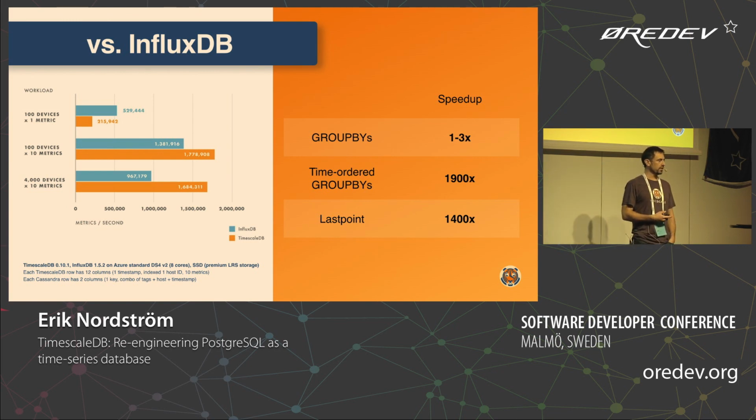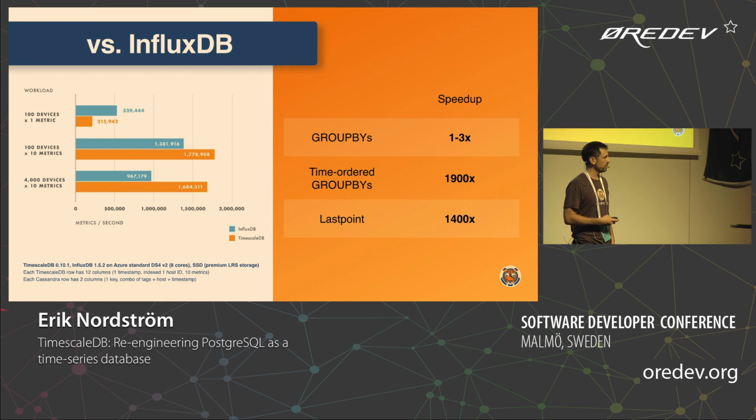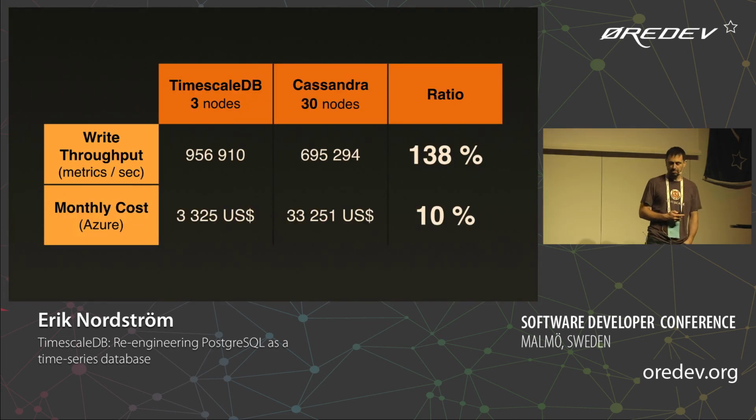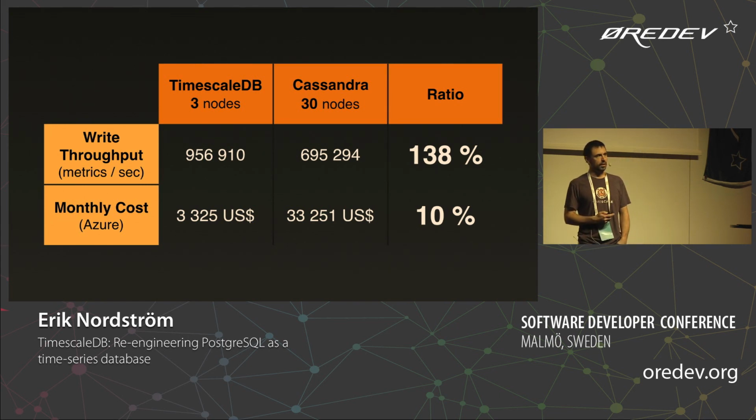And for queries, with group bys and time-ordered group bys, we're much faster when you look at more complex data sets. If you want to do some cost comparisons, we ran some experiments with a 30-node Cassandra cluster, because that produced pretty much similar performance to a 3-node TimescaleDB setup.